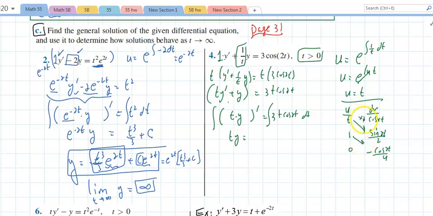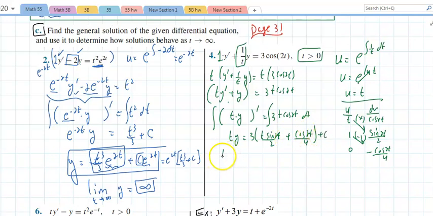Remember that trick, a plus and a minus. That would be 3 times the product of those. That is t times the sine of 2t divided by 2. Negative times a negative is a positive, cosine of 2t divided by 4 plus c.